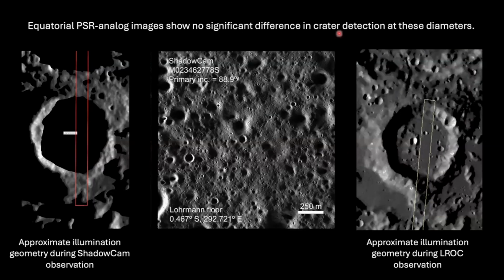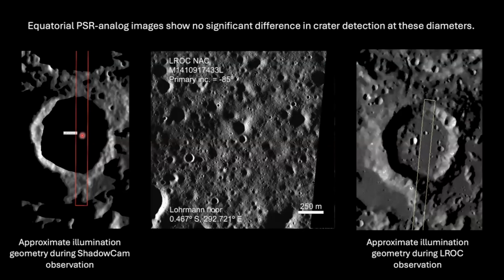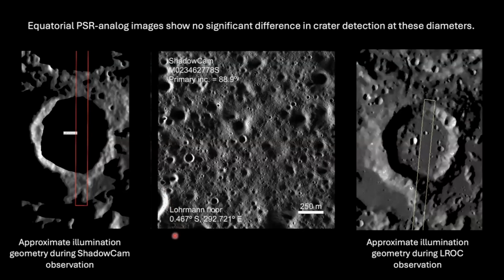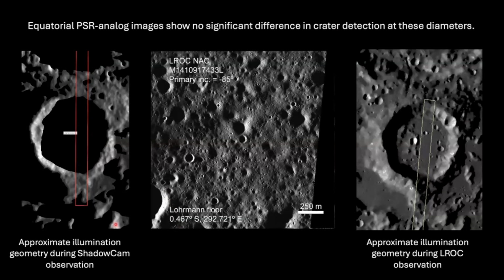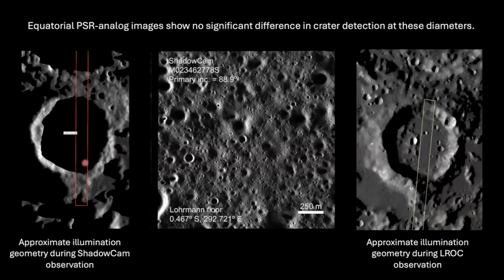So we used the PSR equatorial analog Lorman crater. This is really close to the equator of the moon, and we took overlapping images with both LROC and ShadowCam. These are approximations of what the lighting looked like.